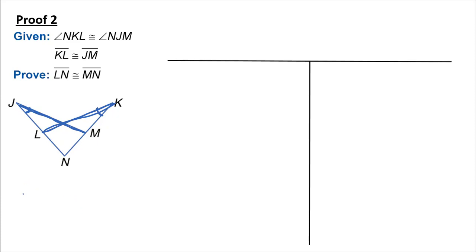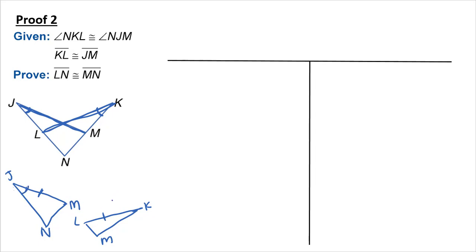What I'm going to do is I'm going to kind of pull apart those triangles. I'm going to do my best to pull these apart correctly. I have J, N, M, and I have K, L, M, where JM is congruent to KL.